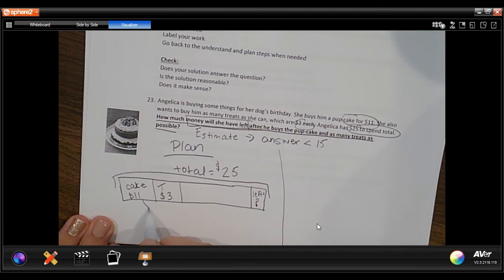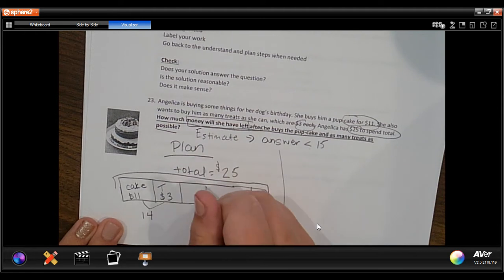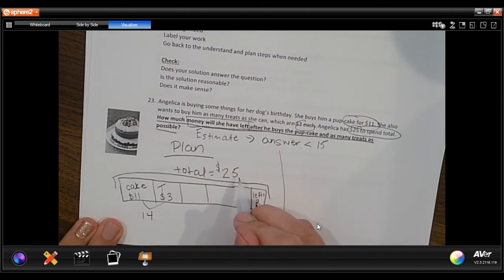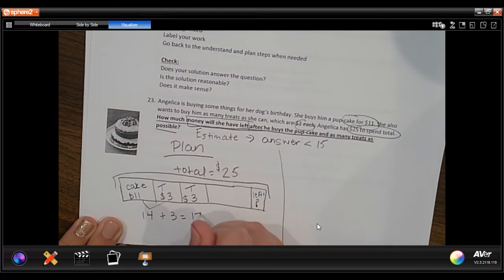So I'm going to start adding these up. 11 plus 3 is 14. So far she spent $14. So I'm not at $25 yet. I didn't go over it yet. So I could continue adding treats until I get close to $25. I'm going to add another treat, which is $3. And then 14 plus 3 more is going to give me 17.